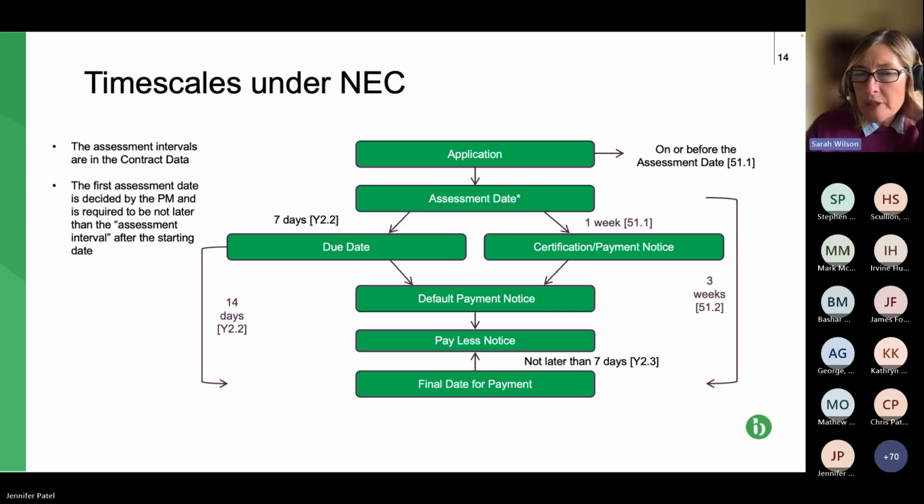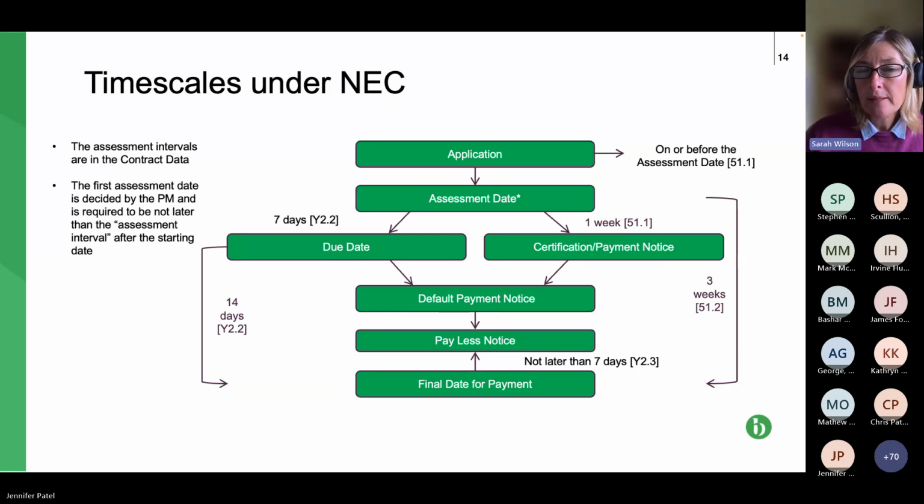So that's 14 days. And then you can see on the other side, the clause 50 says that the final date is 3 weeks from the assessment date, but that works because, of course, the assessment date is 7 days before the due date. So the 14 days and the 3 weeks work together.